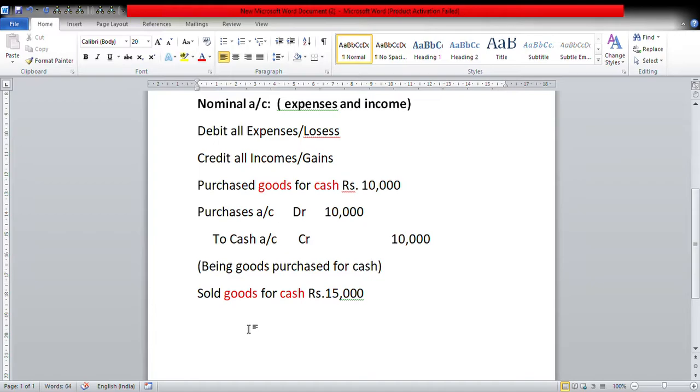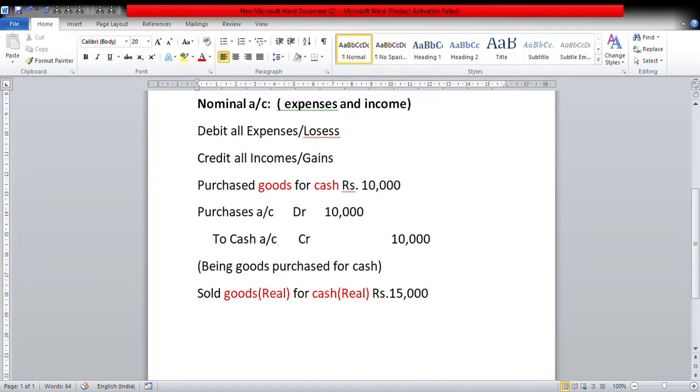The goods as well as the cash will be taken under the real account. So for your understanding, real account: goods also in the real account and cash also in the real account. Therefore, when both the accounts of a given transaction fall under the same account, that is the real account, the rule relating to the real account is to be applied.